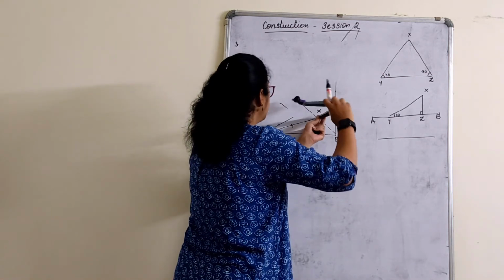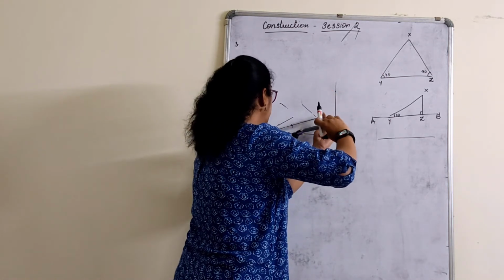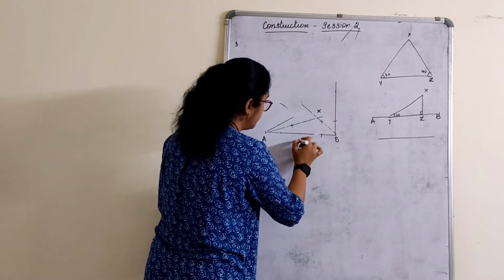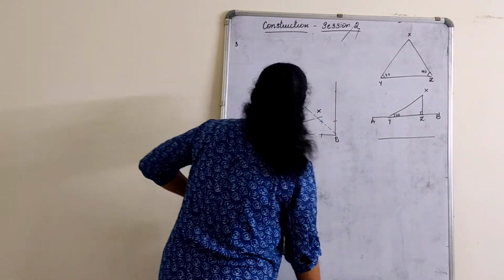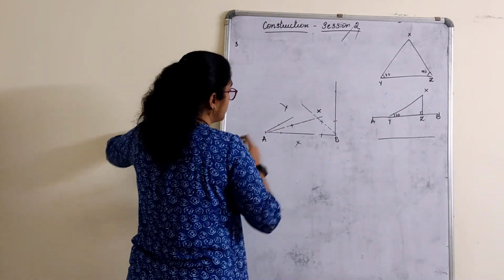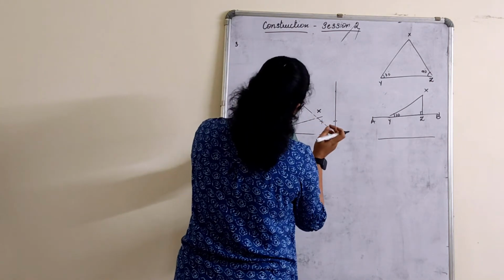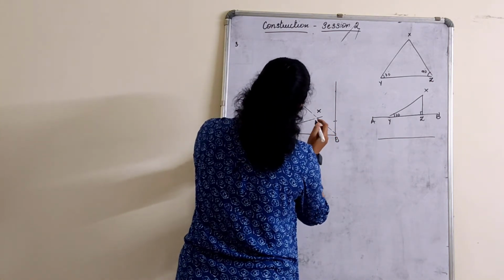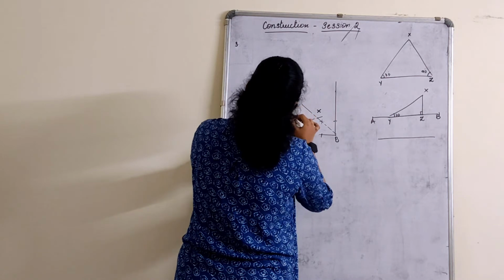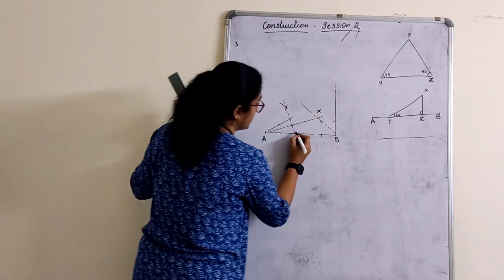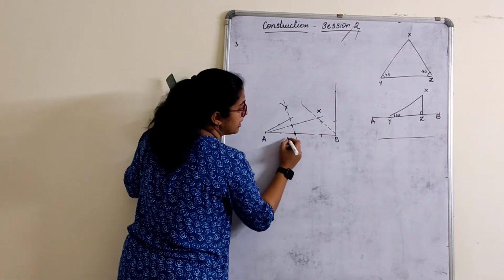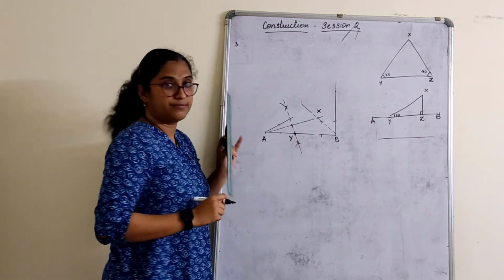Perpendicular bisector of this, arc here and arc here. Join this. Again dotted lines. Do this construction very neatly. You got this point? Mark this point as Y.